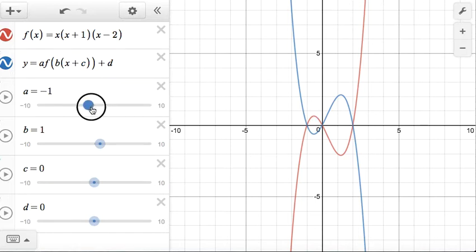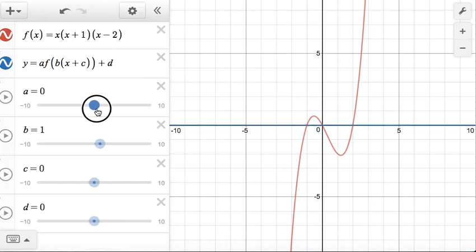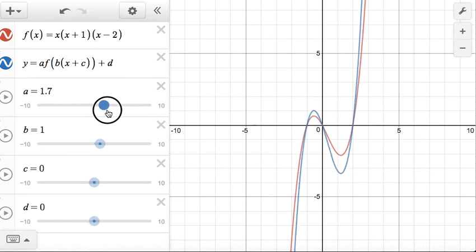The other thing I'm going to look at is if I take a value of a between 0 and 1, and the same thing would apply between negative 1 and 0 after flipping it, we can see the x-intercepts here have not moved. But the y values have gotten closer to the x-axis, so it's a vertical compression going on here.